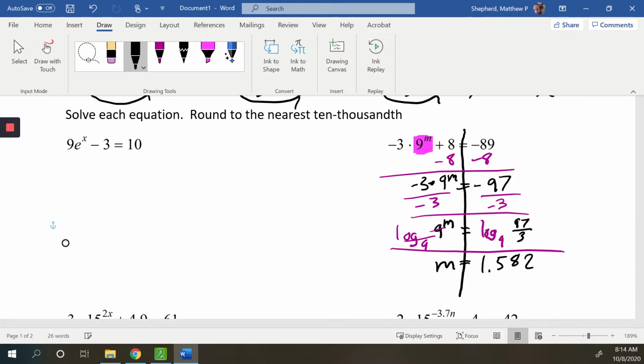And actually I should change this away from equals because we rounded. And it is approximately 1.582. Okay, and there we were using a logarithm in order to get x out of that exponent. So let's do it again.